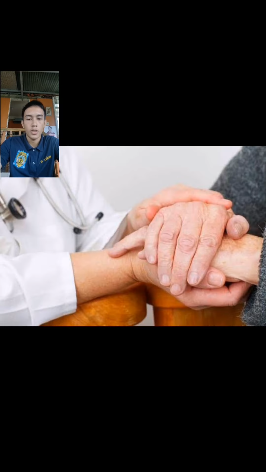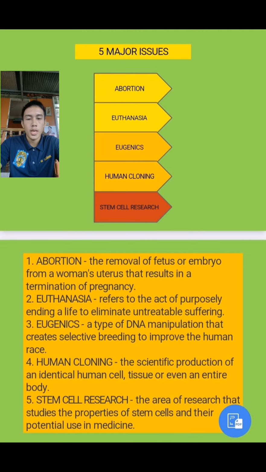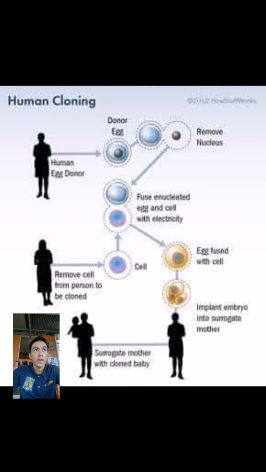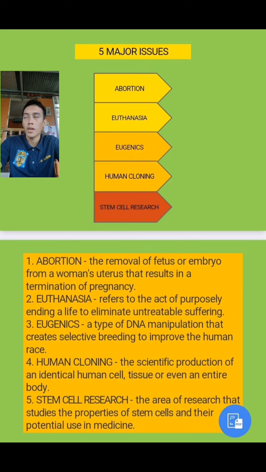euthanasia. Refers to the act of purposely ending a life to eliminate untreatable suffering. The third one is eugenics, a type of DNA manipulation that creates selective breeding to improve the human race. And the fourth one is human cloning, the scientific production of an identical human cell, tissue, or even an entire body.